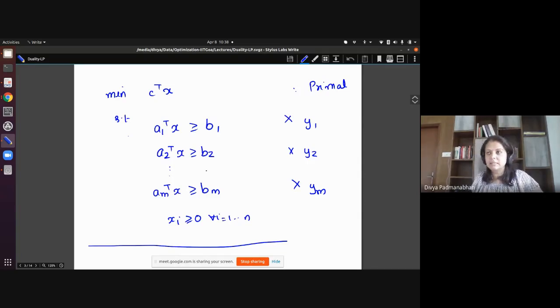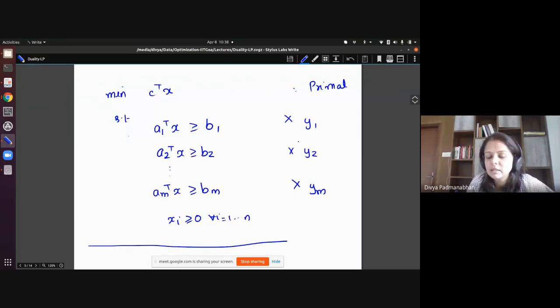The concept of slack, surplus, and free variables was primarily needed for the simplex method. But now any inequality that you have, you can flip it by multiplying the whole thing with minus one. In this manner, you can convert other LP forms into this kind of form, which will be useful when you write the dual for the other forms.